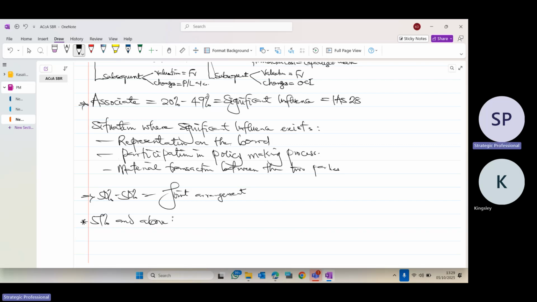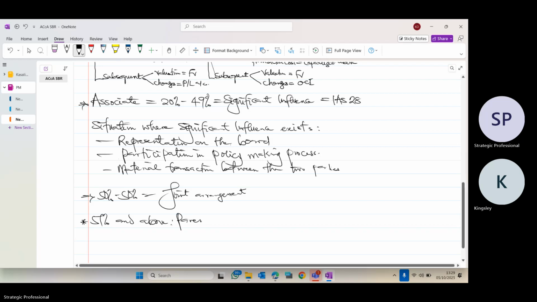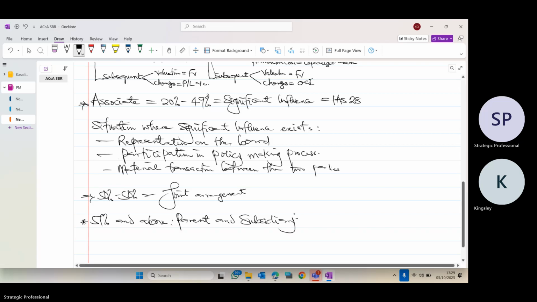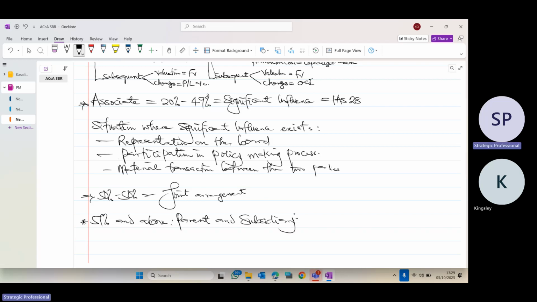For investment that is 51% and above, we can call that parent and subsidiary. Parent and what? Subsidiary. Who is a subsidiary?